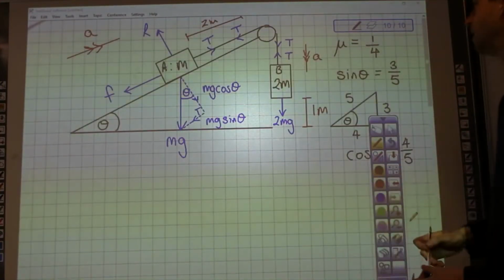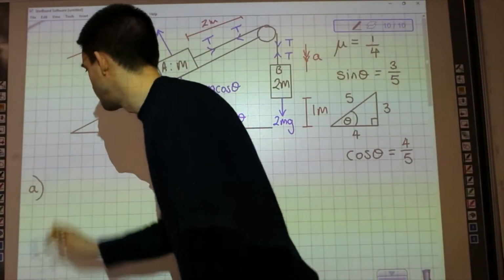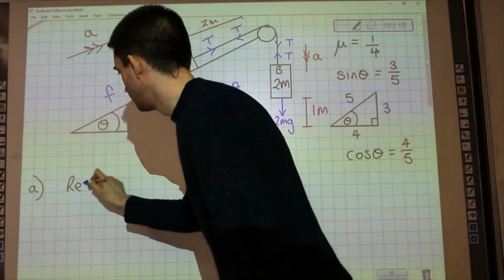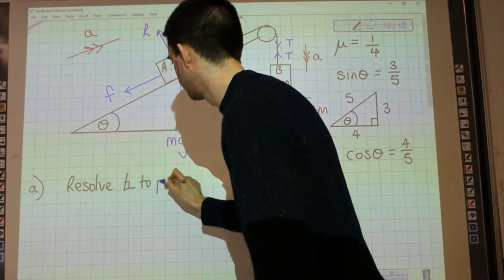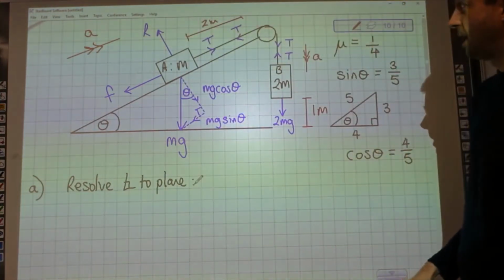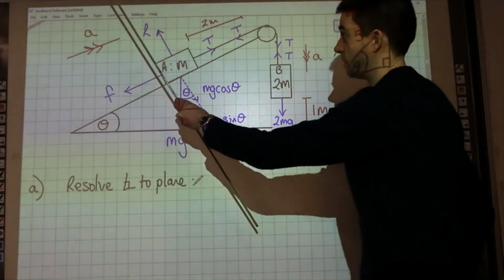There we go. Right, so part A. I'm after the initial acceleration. As always, I begin by resolving perpendicular to the plane. And what I have going on here, again, I'll get my ruler like I did before, anything acting perpendicular to the plane.